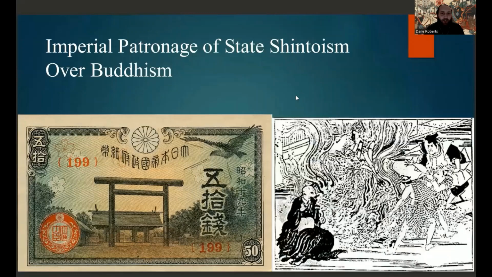So in the Meiji era, the imperial court, the Japanese Empire, decided to place their patronage over state Shintoism instead of Buddhism. And here's a picture of state Shintoism, and I'll explain this picture in a second.